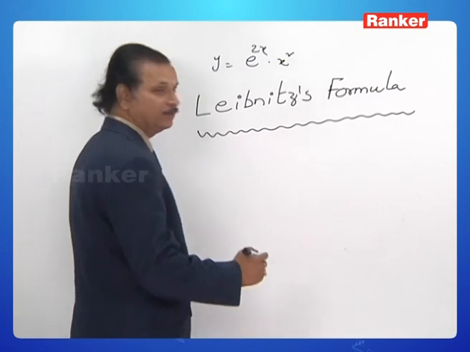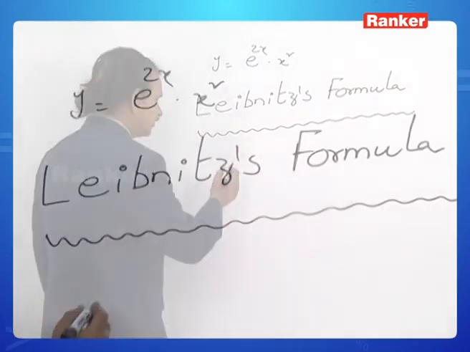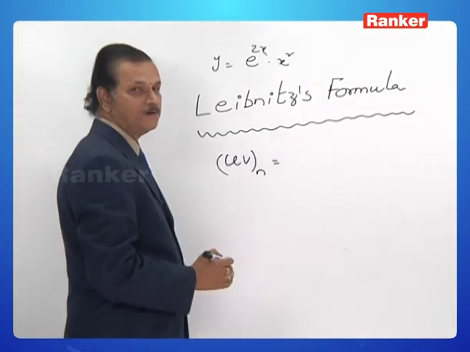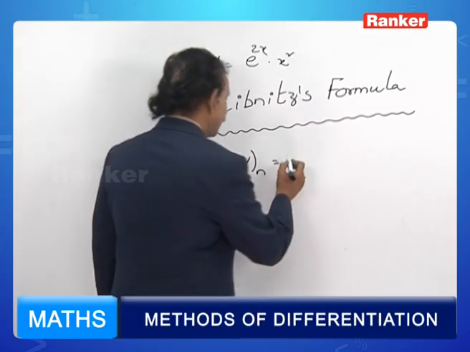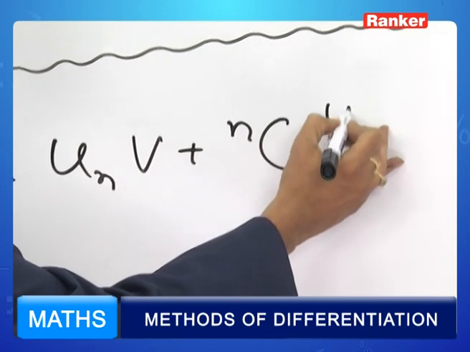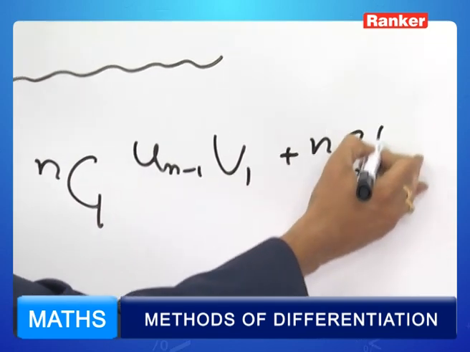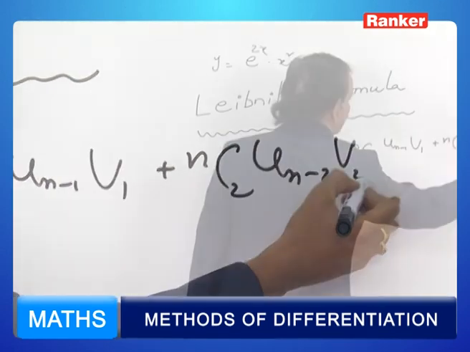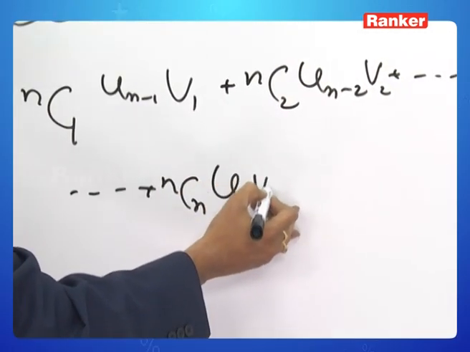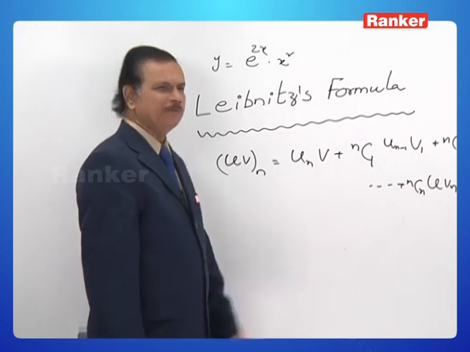Look here, when you have two different functions, say u and v, whose nth derivative is to be found, it is said like this: (uv)n = un v + nC1 un-1 v1 + nC2 un-2 v2 and so on, up to nCn u vn. That is just like a binomial expansion.